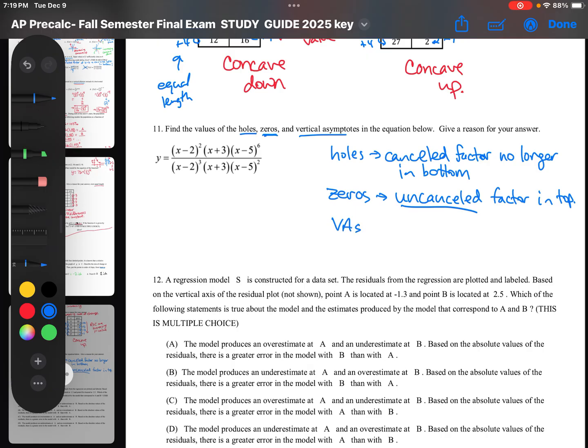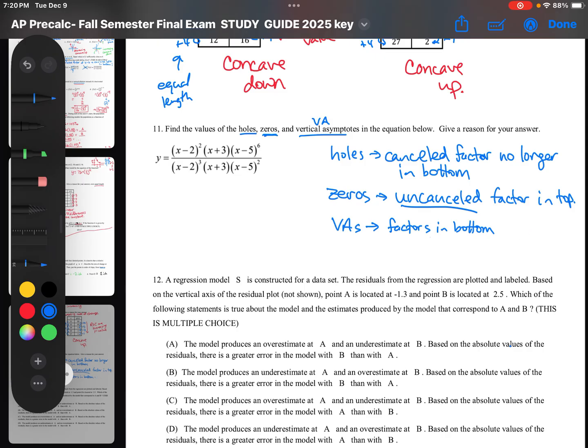Vertical asymptotes, I call those VAs. Those are going to be factors left in the bottom. So factors in bottom when simplified. Well, it really doesn't matter. Because if it goes away, factors in the bottom uncanceled.